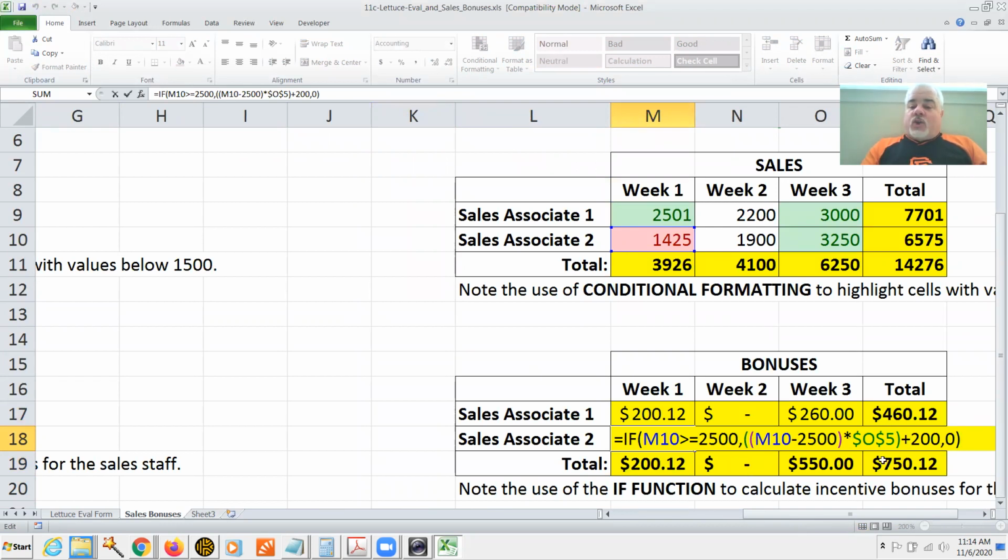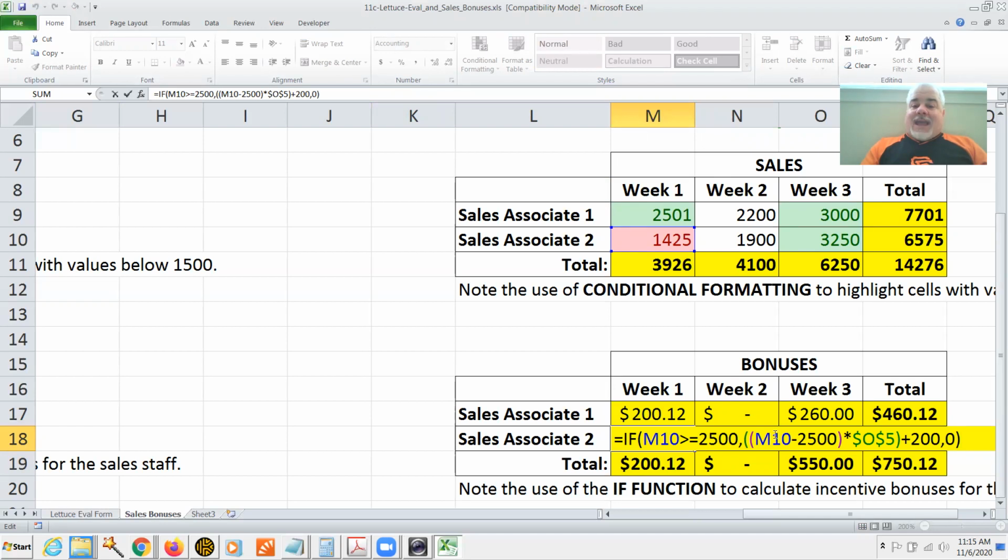What is my result going to be if the logical test is true? If the logical test is true that the sales associate made greater than or equal to 2,500 units of sales, then the value in this cell will be this equation.